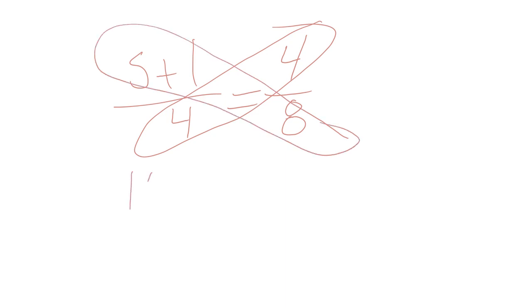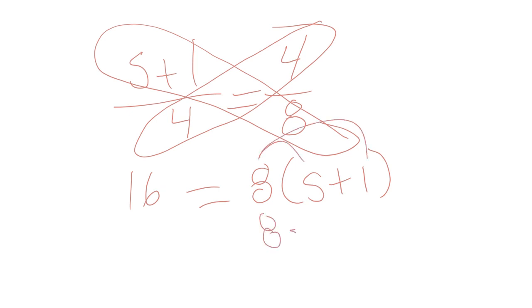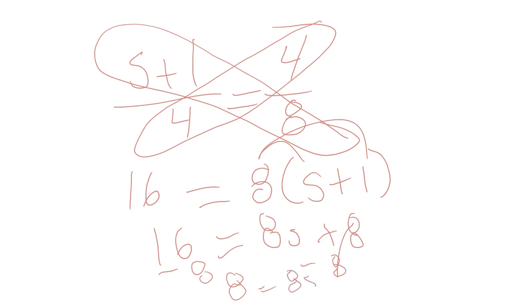So it's going to be 16 equals 8 times (s plus 1). I need to distribute my 8. It's going to give me 8s plus 8 equals 16. Look, now it's an equation we just have to solve. Subtract 8. We're left with 8 equals 8s.